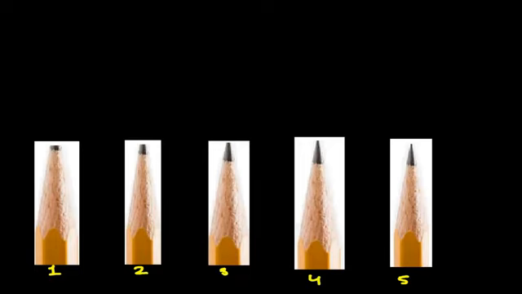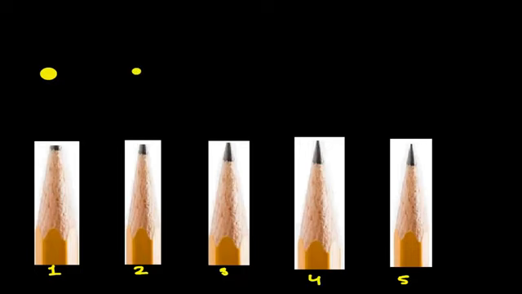And now what I'm going to do is mark a dot with each pencil. From the first pencil I'm going to mark a dot, and I will probably get a dot like this, right? Now I'm going to mark with the second pencil, and I'll get something like this.